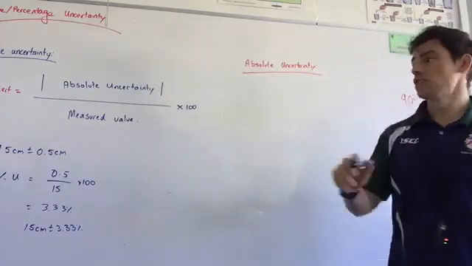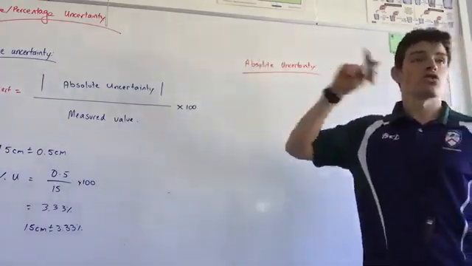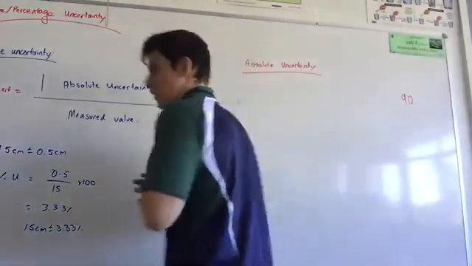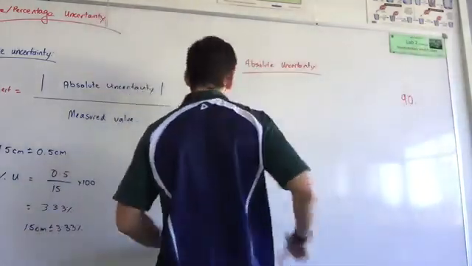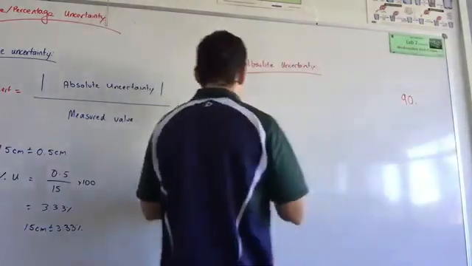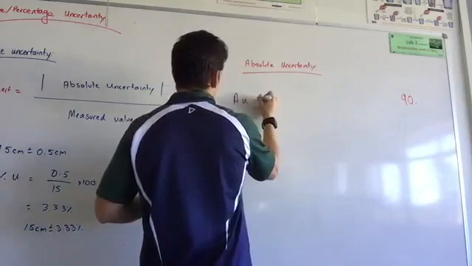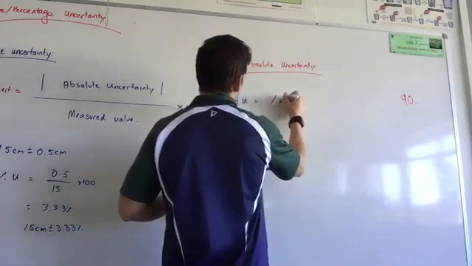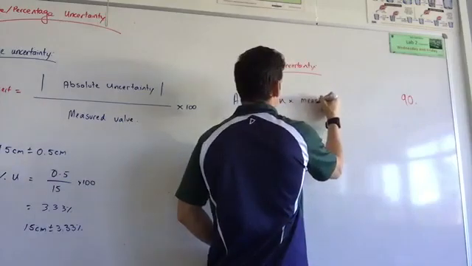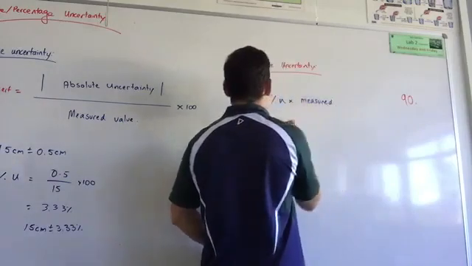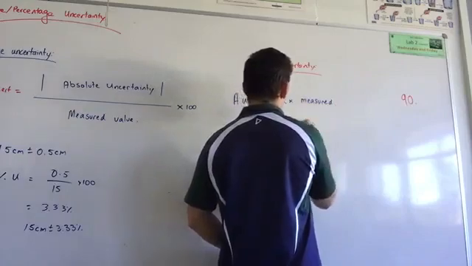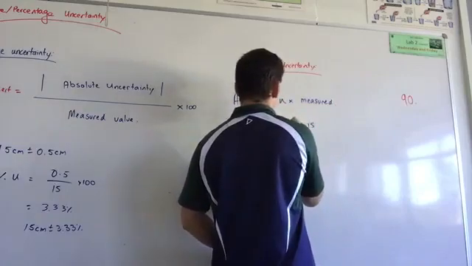So the absolute uncertainty, if we rearrange that equation, what should we get? Absolute uncertainty equals percentage uncertainty times measured value, which equals 3.33 times 15.